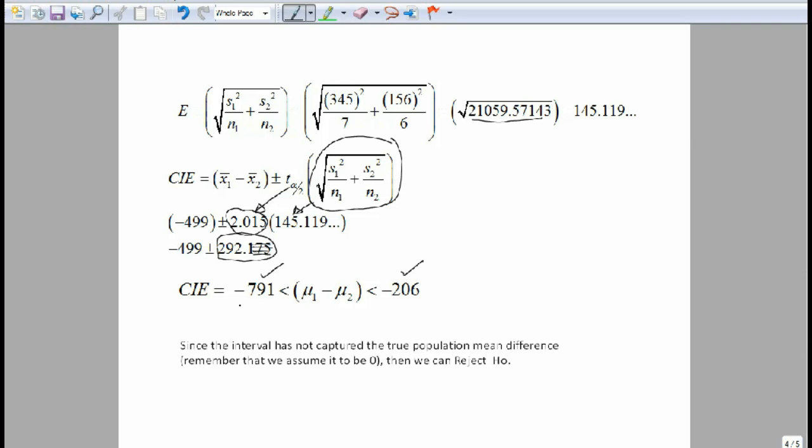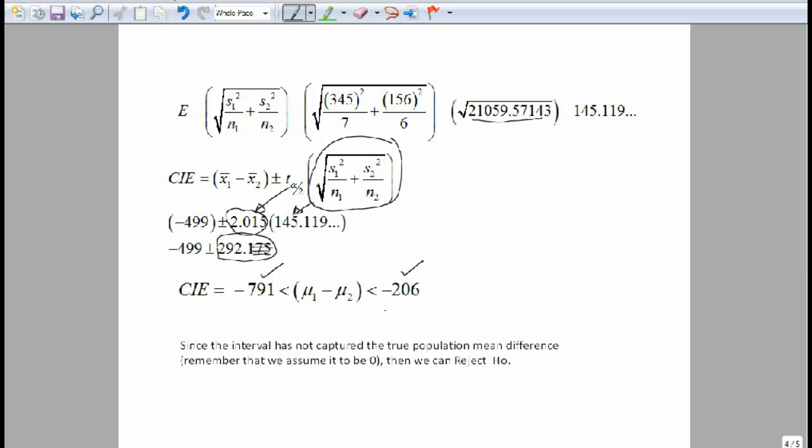Now, remember, these are negative values, less than 0. So what it's saying is our true population mean, if we subtracted the true population mean for 1 and the true population mean for 2, it should be within this interval for us to accept H0.